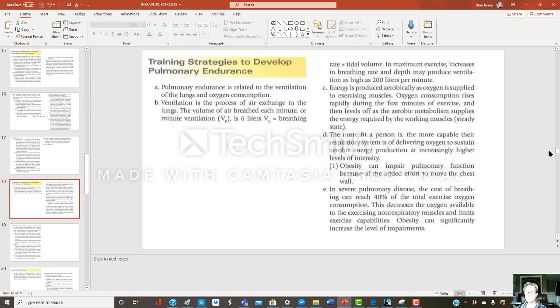Obesity can impair pulmonary function because of the added effort to move the chest wall. In severe pulmonary disease, the cost of breathing can reach 40% of the total exercise oxygen consumption. This decreases the oxygen available to the exercising non-respiratory muscles and limits exercise capabilities. Obesity can significantly increase the level of impairments.